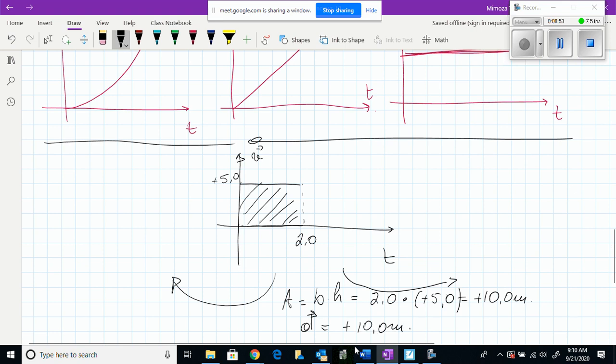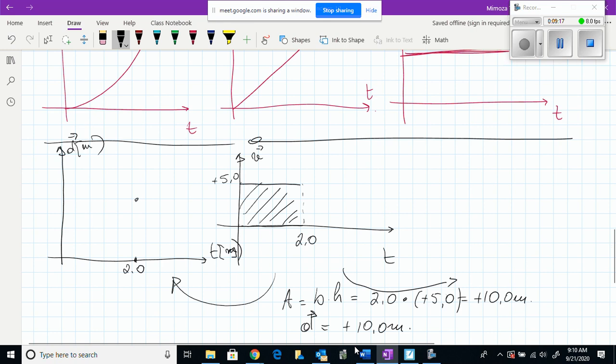So then what do we do when we are constructing the displacement time graph? We start by stating the axes, seconds and meters. And then we're saying at 2 seconds, the object is going positive 10 meters.